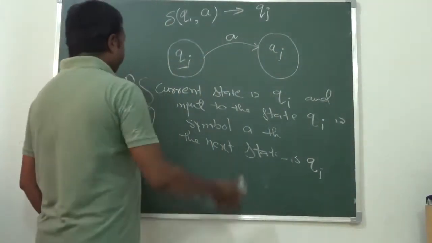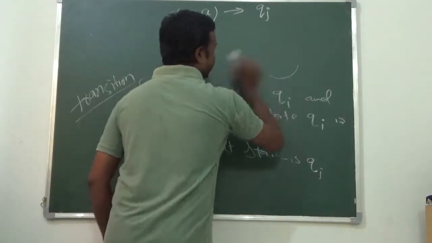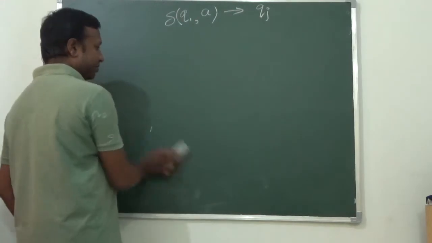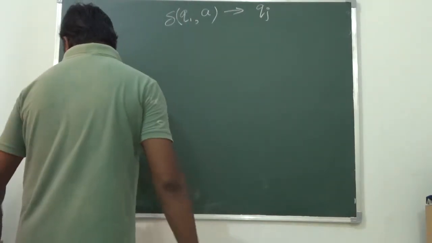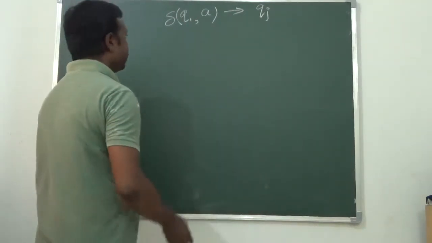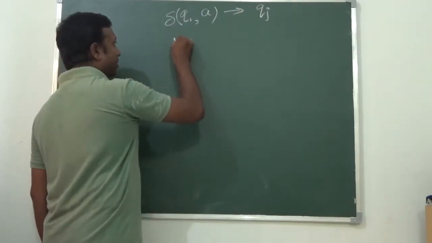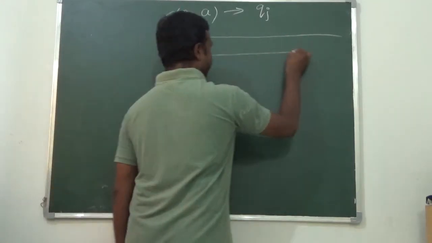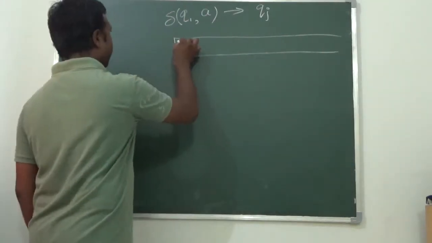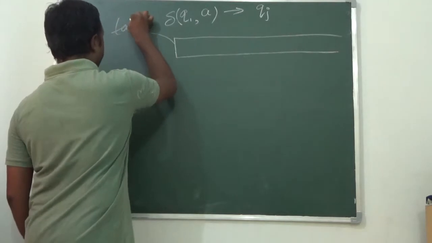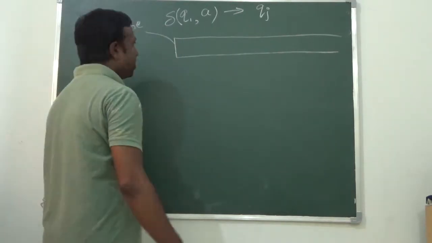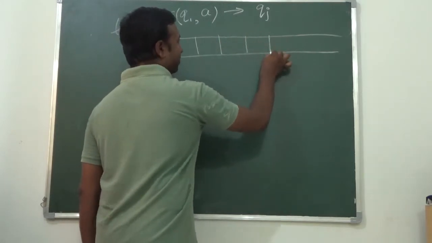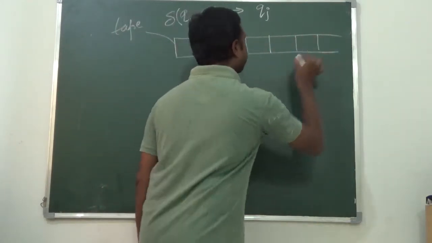Okay. Now, let us see how this model works, how this machine works, how a finite state machine works. A finite state machine is having a tape. This is called the tape, and this tape is divided into some cells.